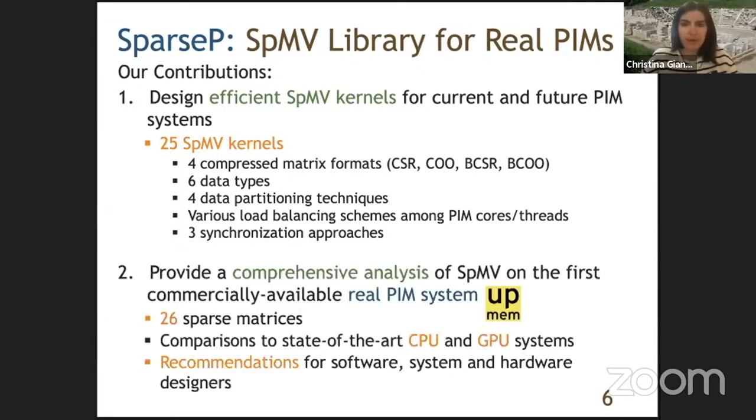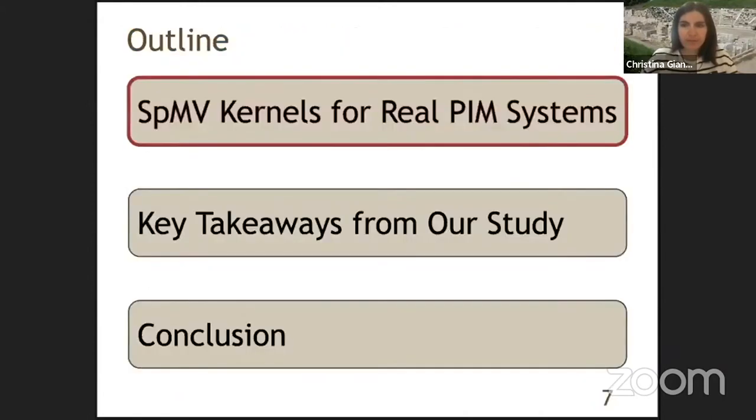And second, we conduct a comprehensive study of the popular SpMV kernel on the first commercially available real PIM system, the UPMEM PIM system. Our characterization study includes a wide range of sparse matrices with diverse characteristics and comparisons to state-of-the-art CPU and GPU systems. Our analysis provides many recommendations for software, system, and hardware designers.